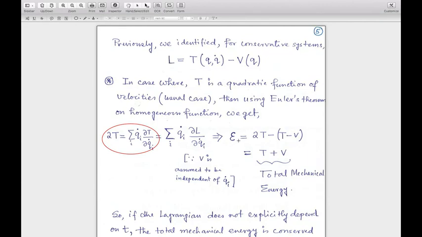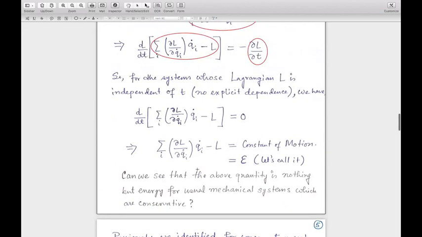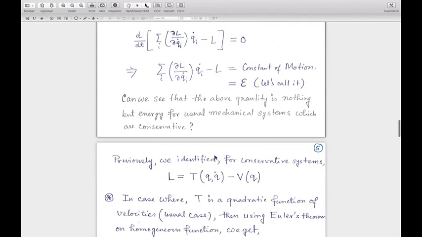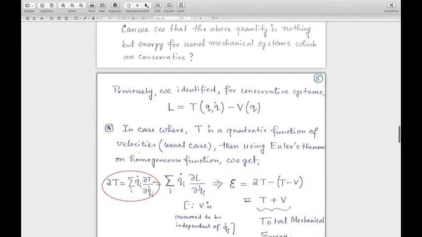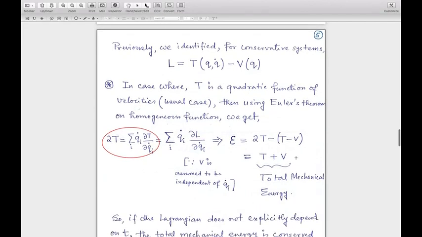Okay, so if you remember, this curly E was this term minus L. Now this term is 2T. So minus L is minus T plus V. So it will simply give you T plus V. That is the total mechanical energy.